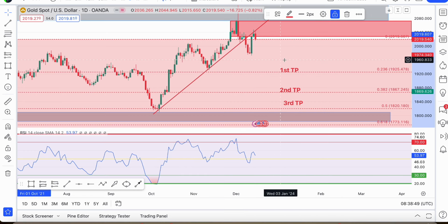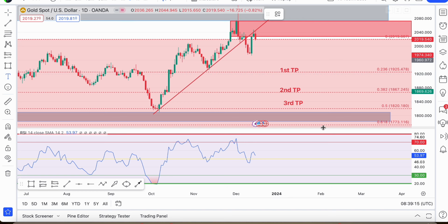So 0.23 region for the first take profit, 0.38 for the second, 0.5 for the third, and the last one will be the 0.618 for the fourth take profit, which is 1774. Remember these numbers, 1774.